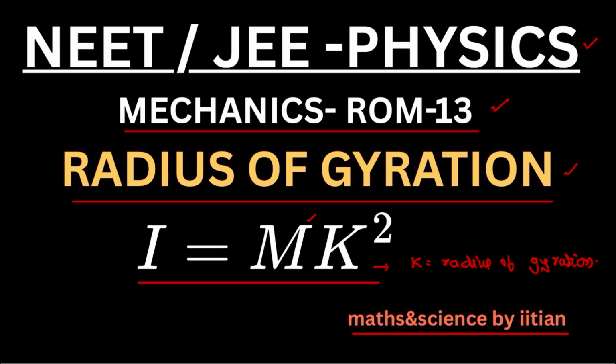When we have robotics or any rigid body motion in medical instruments, when you know the radius of gyration, we can easily find the moment of inertia. From the moment of inertia, the rotational equations of motion can be written. Once the equations of motion are known, we will be able to know how that particular instrument behaves and how to apply it in medicine, engineering, or any physical application.